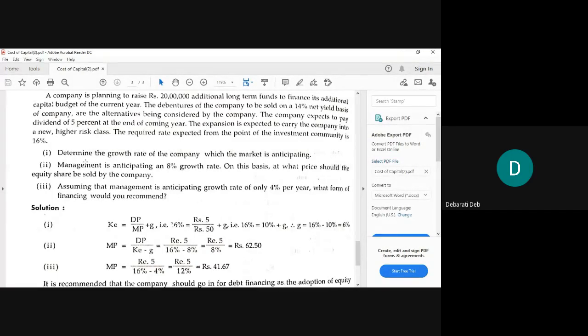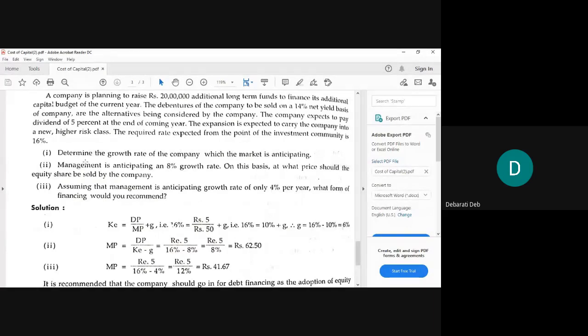Whatever expansion it does is expected to bring new risk for the company. The required rate expected from the point of view of the investment community is 16%. So now the required rate expected is going to be 16%.